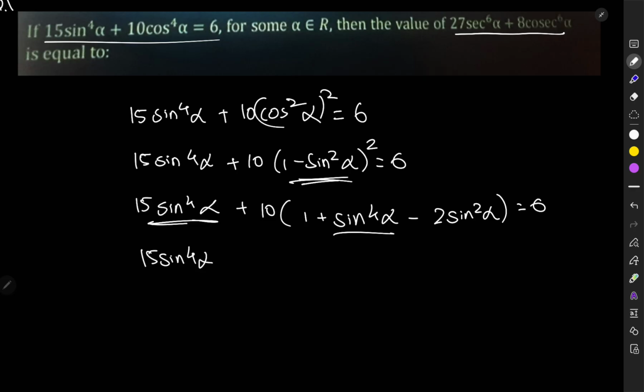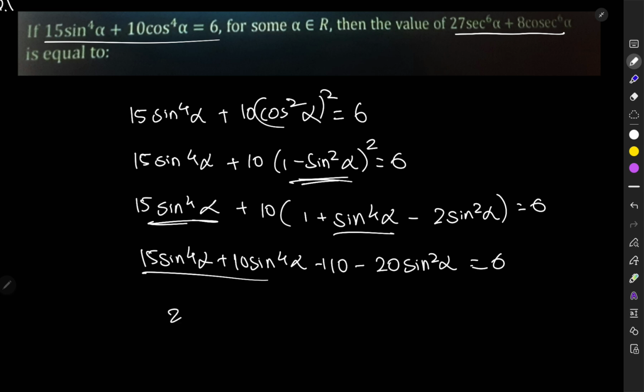Sine to the power 4 alpha plus 10 sine to the power 4 alpha plus 10 minus 20 sine square alpha is equal to 6, right? So this will become 25 sine to the power 4 alpha plus 10 minus 20 sine square alpha is equal to 6.